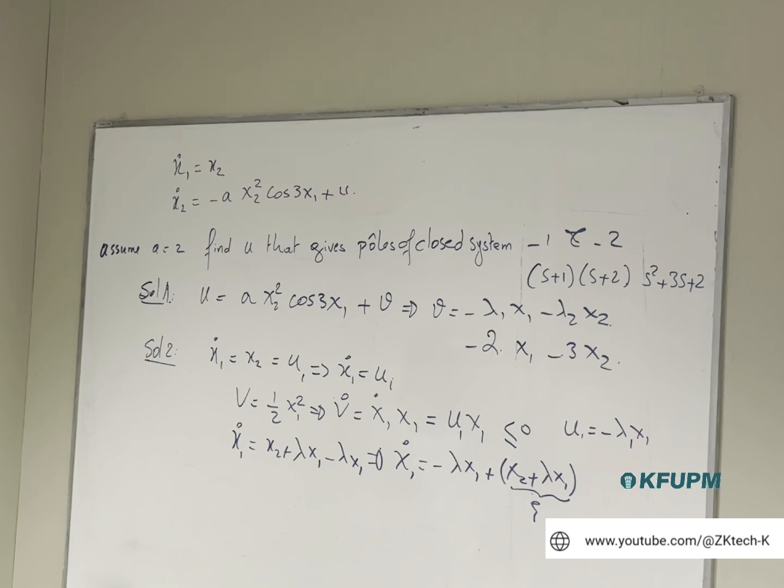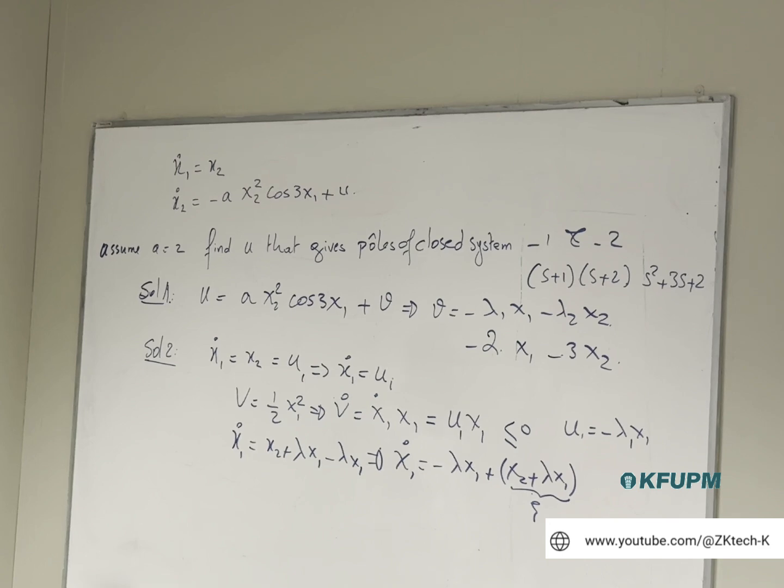I didn't understand why we put v that way. Which one, in feedback linearization or after feedback linearization? After feedback linearization. It's state feedback.